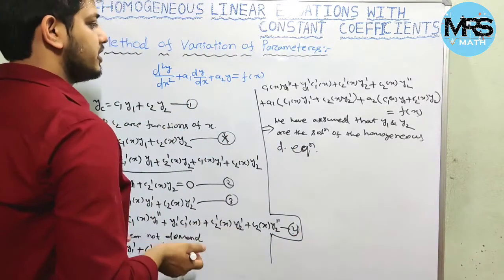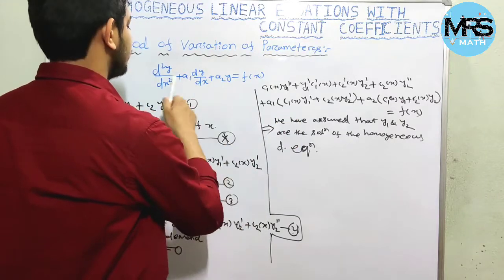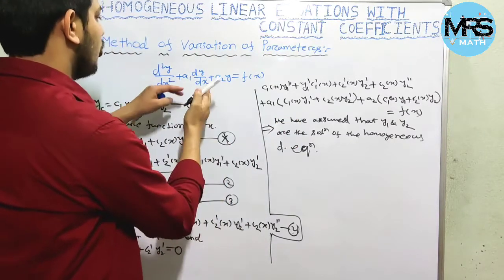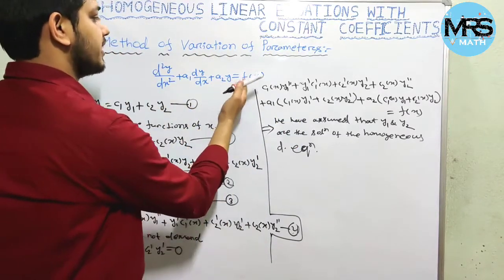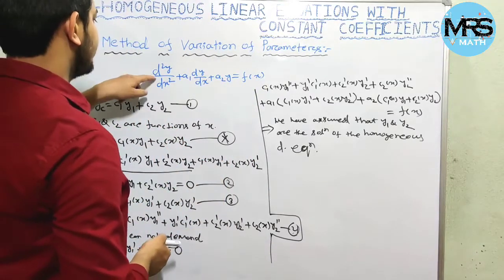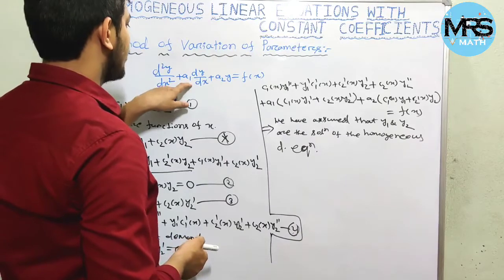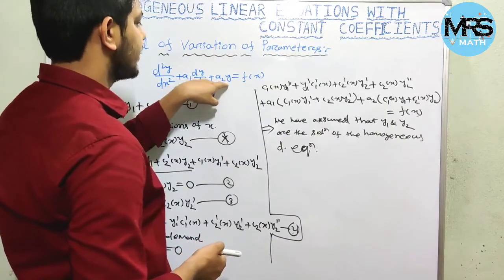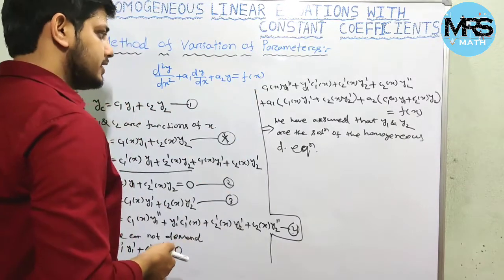Okay, that means y1 and y2 should satisfy this homogeneous differential equation by taking this f of x as 0. That means our d2y1 by dx square plus a1 dy1 by dx plus a2y1 equal to 0.